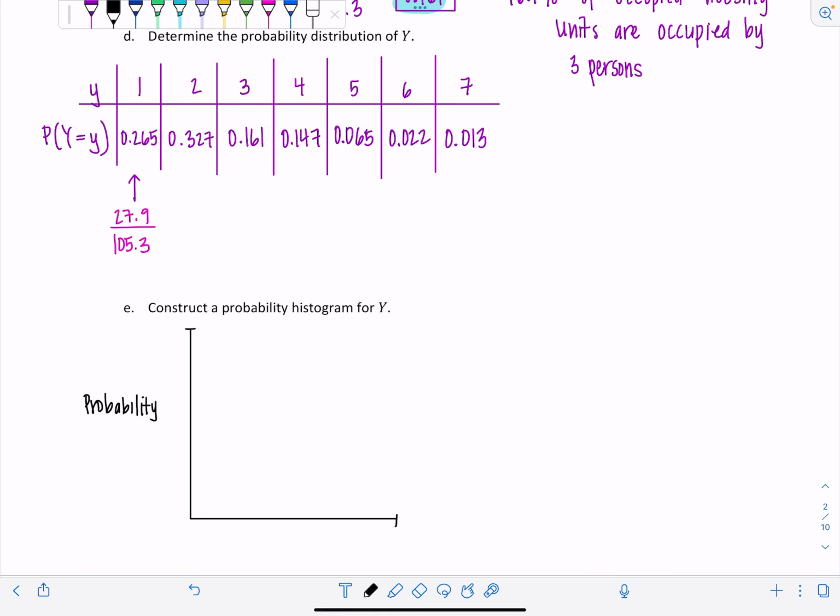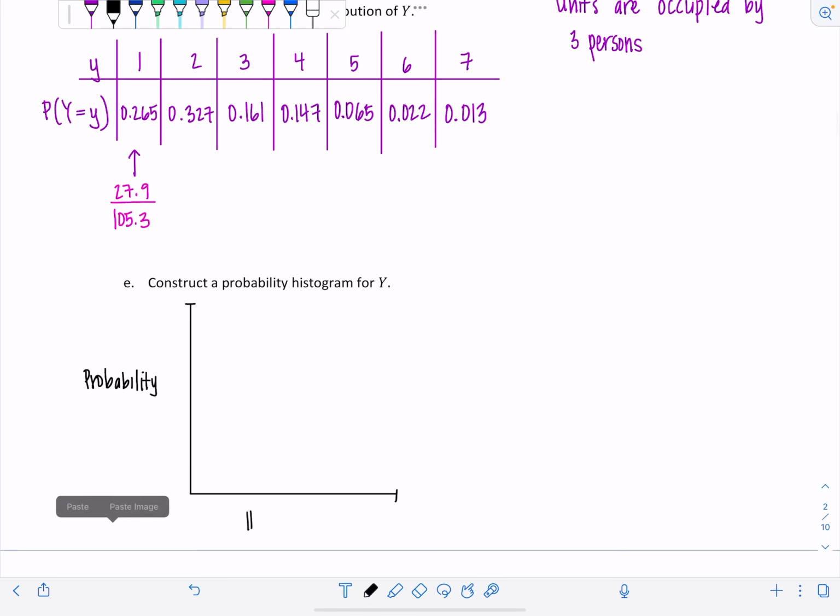There we go. It looks like the largest probability that we have is 0.327, so I can just go up to 0.4. Let's say that's 0.1, 0.2, 0.3, 0.4.